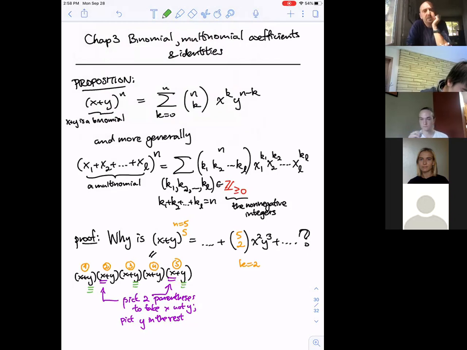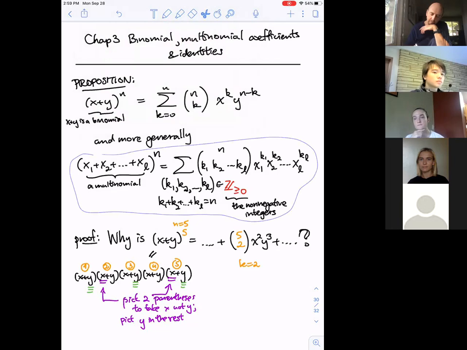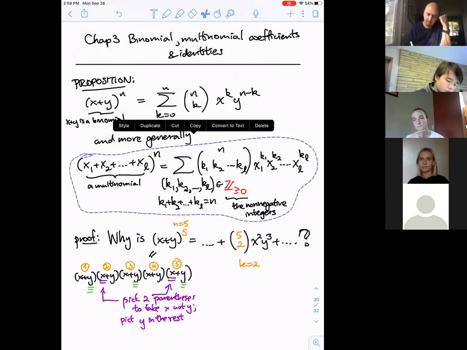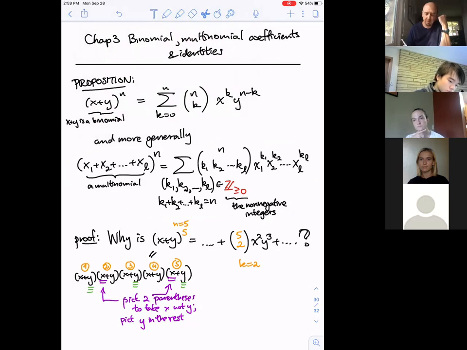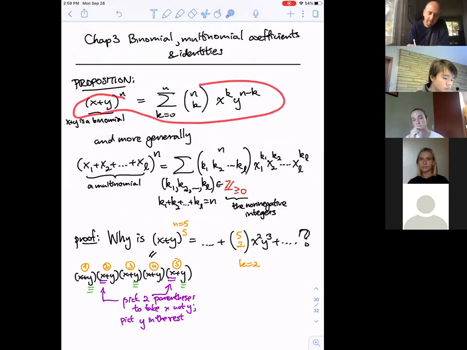Everybody see why that's 5 choose 2? Okay. And let's think about this one then. Before I flip this page, everybody okay with that explanation for the first formula, the binomial theorem? Okay.